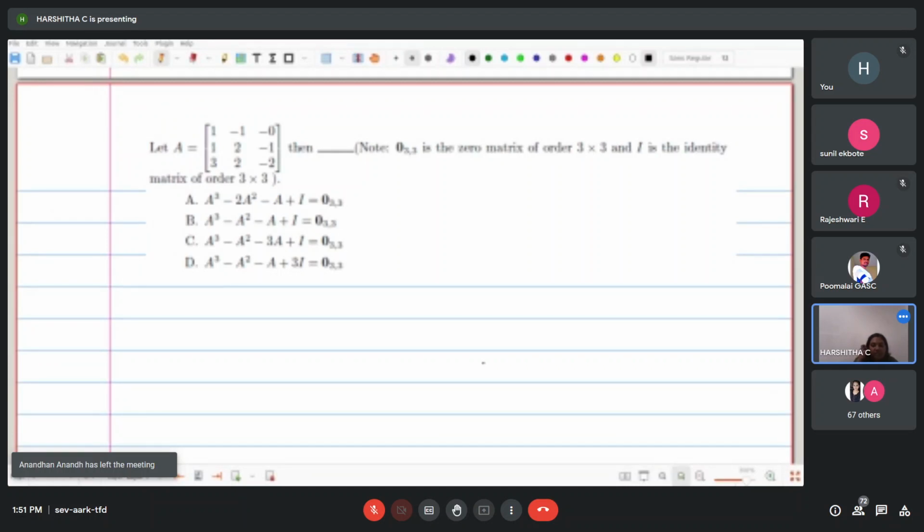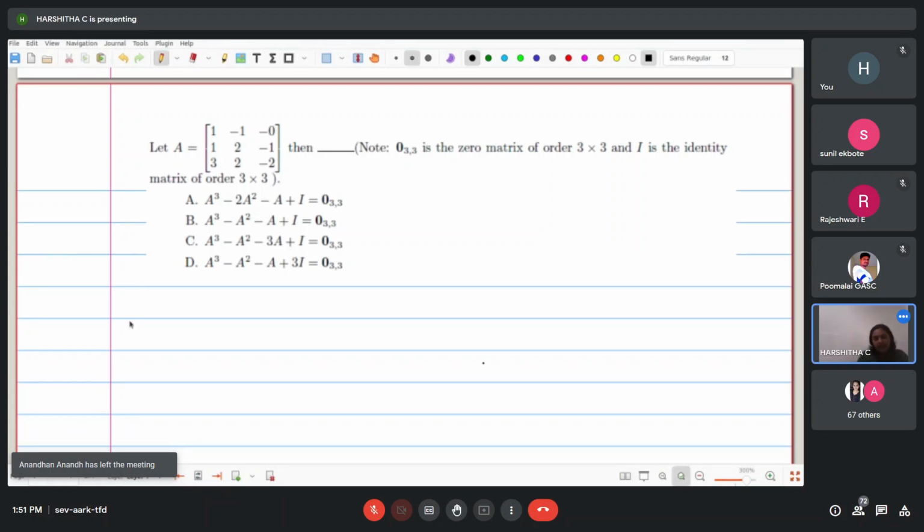You have to find out which of these is satisfied by A. One thing is you first have to find the characteristic polynomial of A.